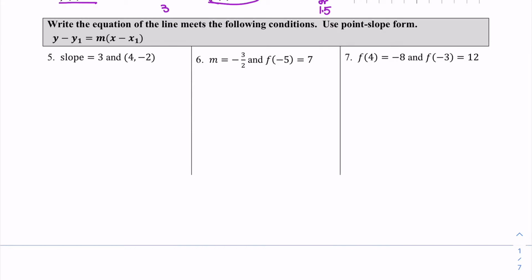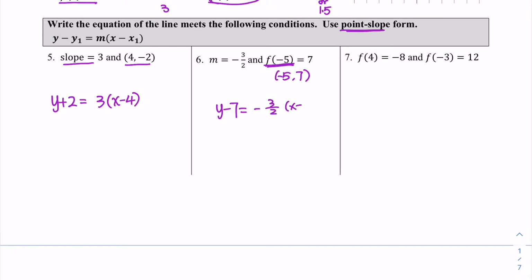The equation of the line meets the following conditions. Use point-slope form. So given slope and the point, y minus y1, y plus 2 equals 3 times (x minus 4). Same thing. That means -5, 7, x plus 5.